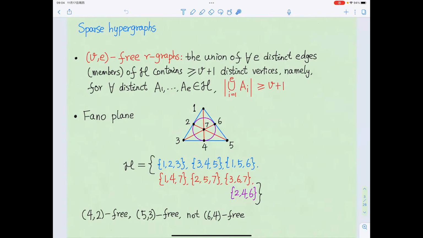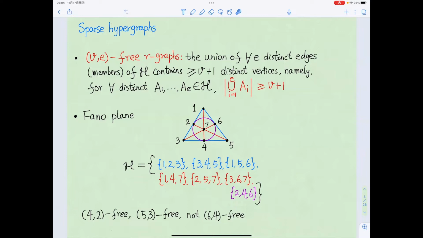So what are sparse hypergraphs? Given integers v, e and r, we say that an r-graph H is (v,e)-free if the union of any e distinct edges of H contains at least v plus 1 distinct vertices. In other words, for any distinct A1 to Ae in the hypergraph, the union of the Ai's has at least v plus 1 vertices.